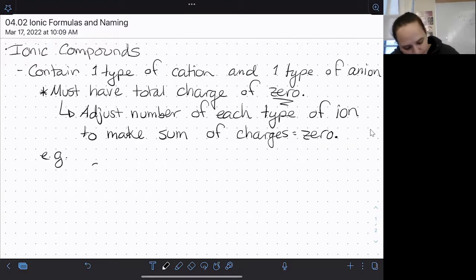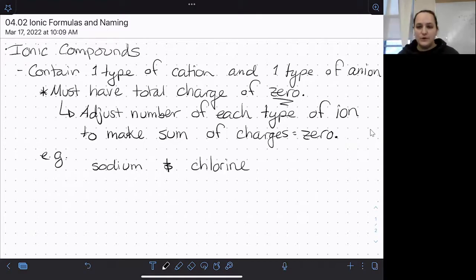So first off, really simple one. What happens when sodium and chlorine come together to form an ionic compound? So we know from the previous unit that we can predict the charges on these ions just from the positions on the periodic table. Sodium, being an alkali metal, likes to form ions with a +1 charge. Chlorine, being a halogen, likes to form a -1 charge.